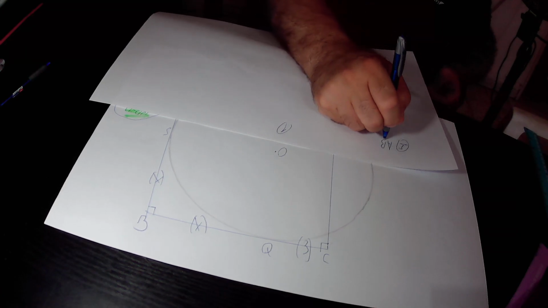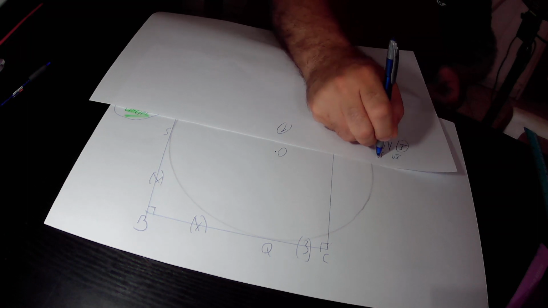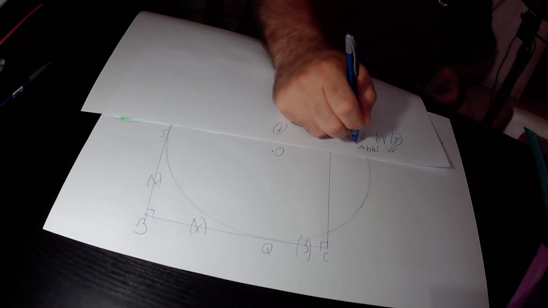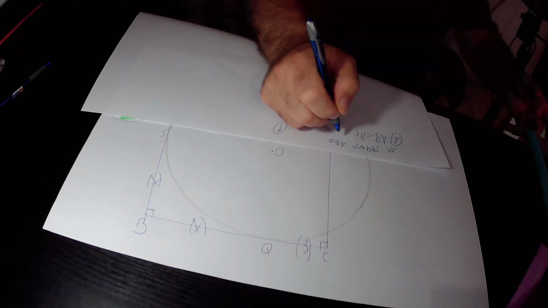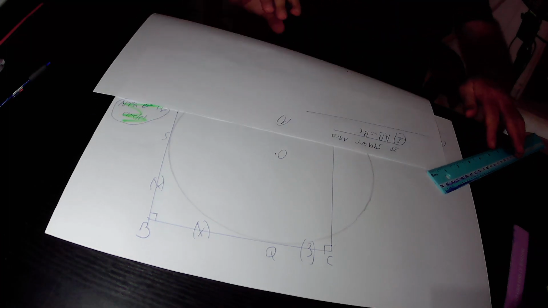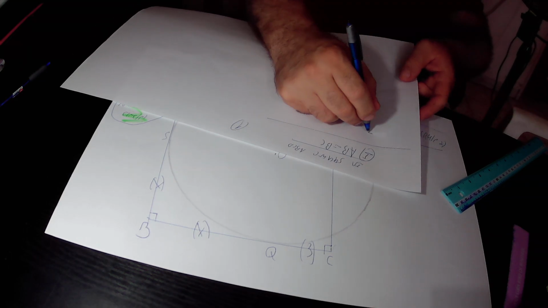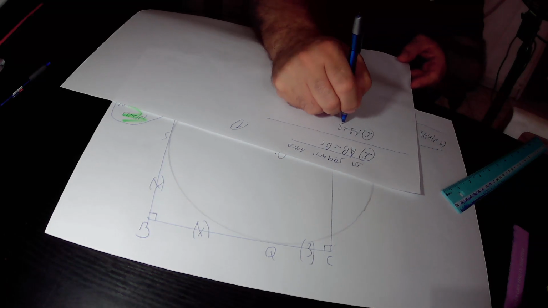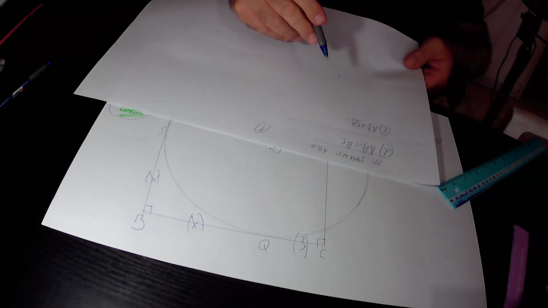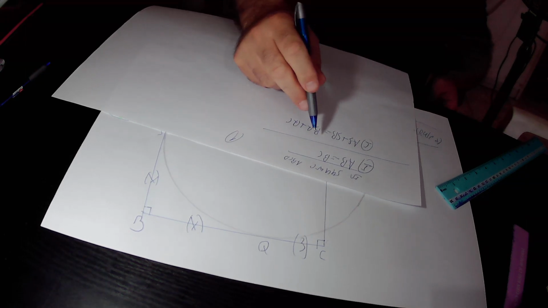AB equals AS plus SB. And AB equals BC. BC equals BQ plus QC.